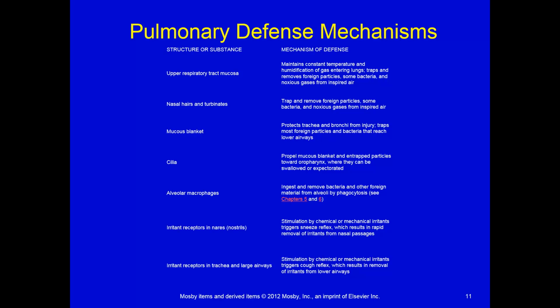And then last but not least, you have the cilia, which mechanically propel that mucus blanket and trap the particles and get them back up to either expectorate, or sometimes we end up swallowing that as well through our GI system. Those are the parts of the pulmonary defense mechanisms that I wanted to remind you of. Again, you can't really talk about the structure without talking about the protection of that structure.